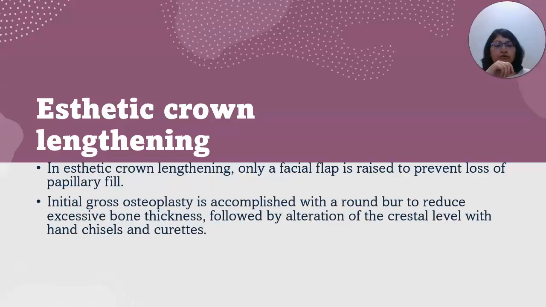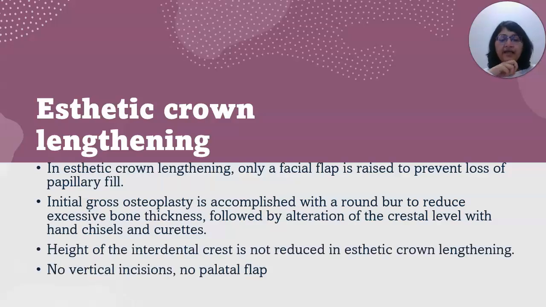You can do gross osteoplasty if you feel there is bulky bone or the contour is really bulky, and if you want to alter the crestal levels also in aesthetic crown lengthening, the height of the interdental crest we do not reduce.